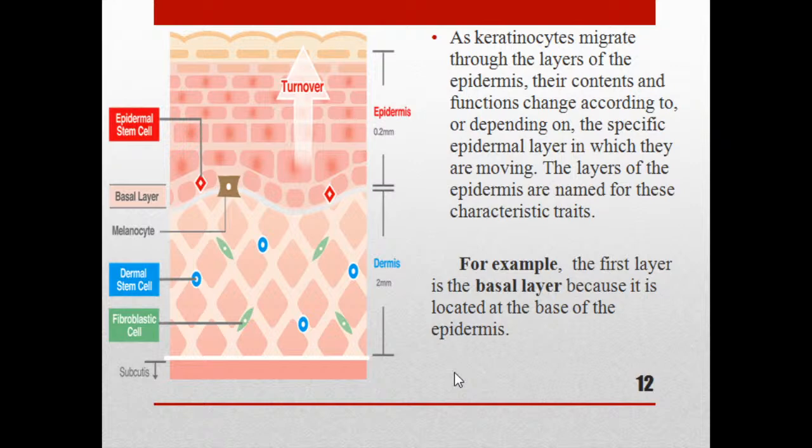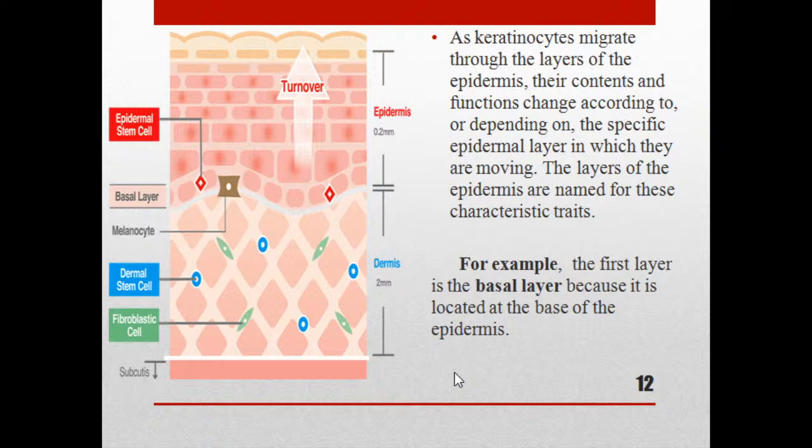As keratinocytes migrate through the layers of the epidermis, their contents and functions change depending on the specific epidermal layer in which they are moving. The layers of the epidermis are named for these characteristic traits.